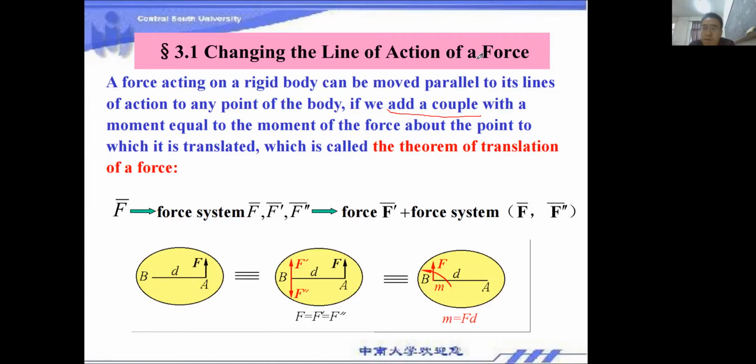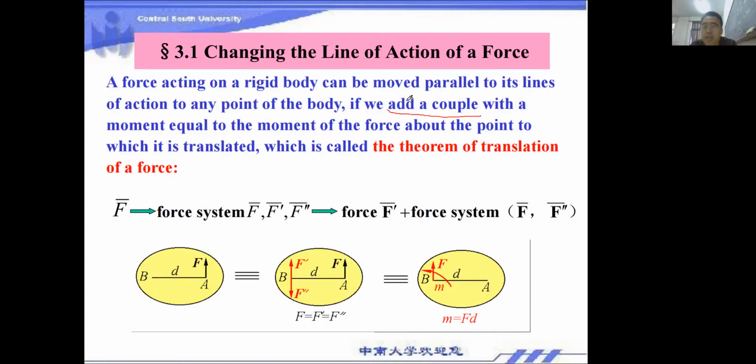We should never change the original force's effect on the body, right? So that means maybe you can change a force that is acting on the same body to another line, but we should keep the effect of the original force, so the new position of the force has the same effect.